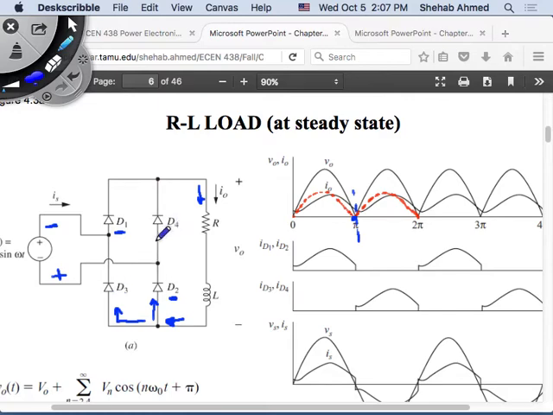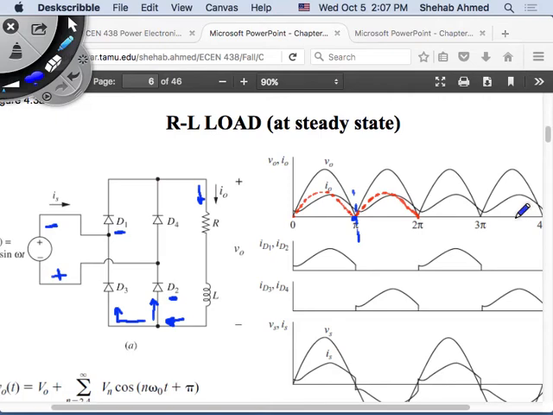Which is easier for the current to flow? D3 and D4 is easier because the supply voltage is helping you, versus in D1 and D2 the supply voltage is not helping you. So D1 and D2 will commutate, and then D3 and D4 will turn on. The output voltage will look the same, a full wave rectified waveform.